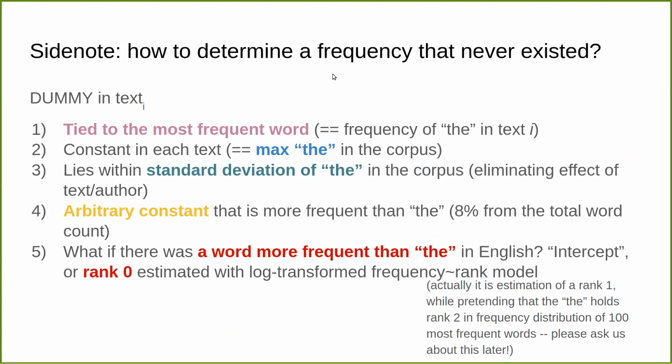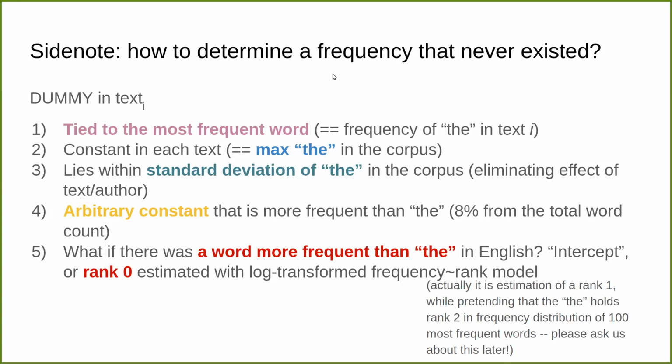So we play around, kind of tying the frequency of this dummy word to "the" in several flavors. It could be tied to the original "the" frequency in a given text. There could be a constant, which just sets the frequency of the dummy word to the maximum observed "the" in the corpus.